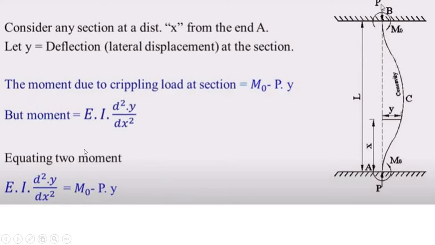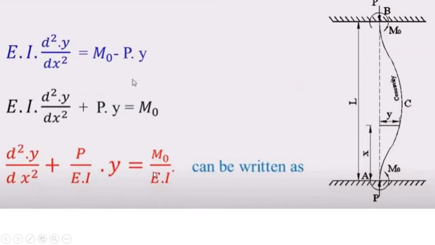Now equating the two moments, we get EI d square y by dx square equal to M0 minus Py. Now rearranging the equation, you will get EI d square y by dx square plus Py equal to M0.